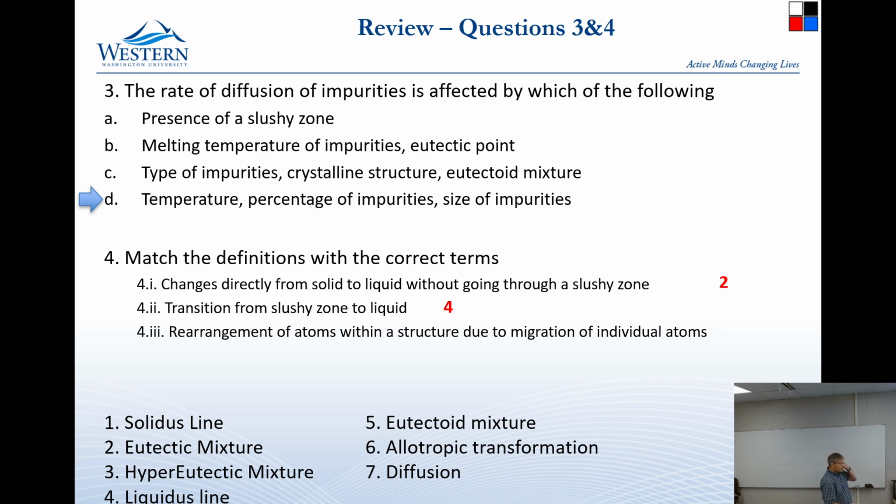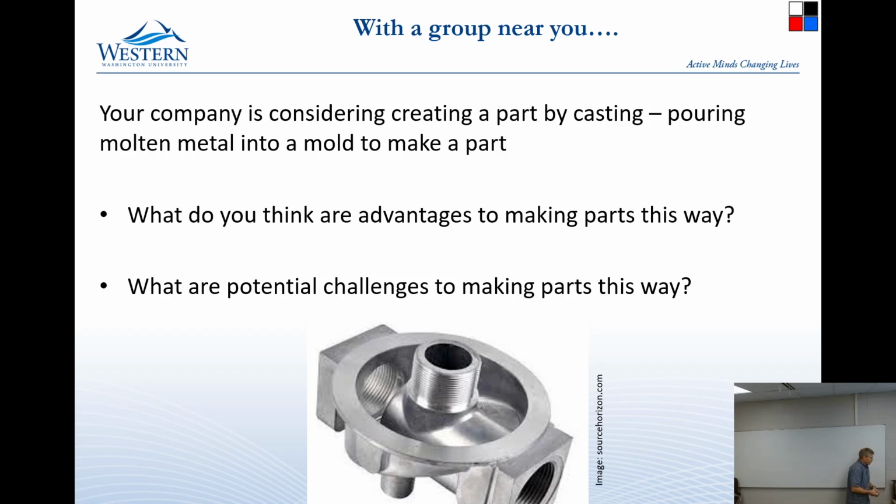Rearrangement of atoms within a structure due to migration of individual atoms. 7, yes, it is diffusion, good. And the change from one solid structure to another is an allotropic transformation. So the fact that it can change structures without melting, this is unique, this is nutty. So anyway, we'll talk about that more.